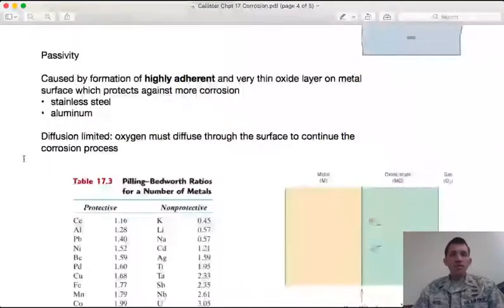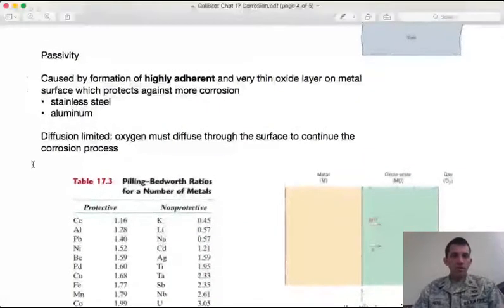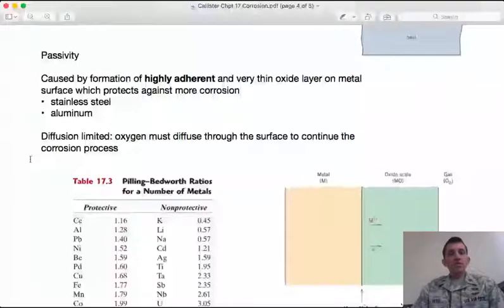Moving on to passivity. I mentioned that your choice of material and its corrosion resistance is important. You could pick, say, a noble metal, but that doesn't make a whole lot of sense in a lot of scenarios for many different reasons.